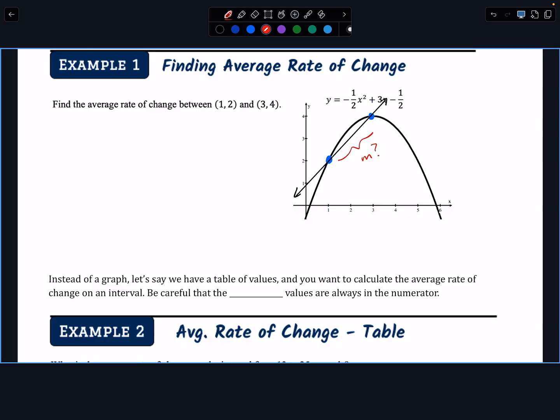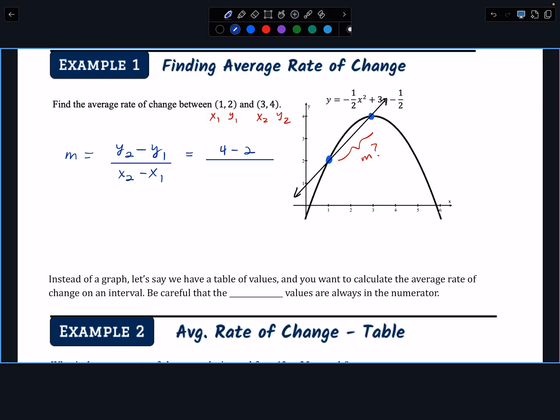We know how to find slope between 2 points by now, right? This is going to be x1, y1. This is going to be x2, y2. Remember, slope is y2 minus y1 all over x2 minus x1. So what am I going to write on top? 4 minus 2.